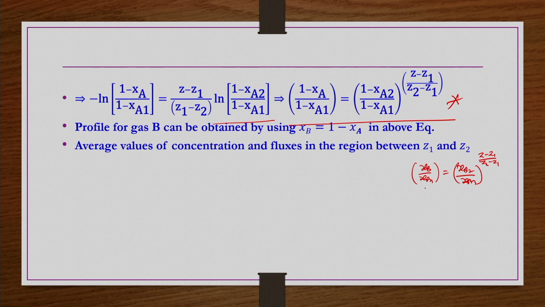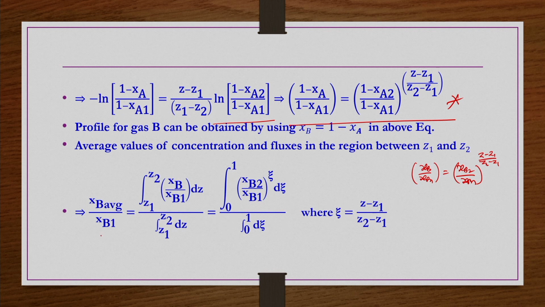So, the average: XB average by XB1 is equals to integral of XB by XB1 dz divided by integral dz, and XB by XB1 is XB2 by XB1 whole power xi, d xi divided by integral of d xi, because now we are writing (Z minus Z1) divided by (Z2 minus Z1) as xi. Okay. So, we have d xi is equals to dz divided by Z2 minus Z1.